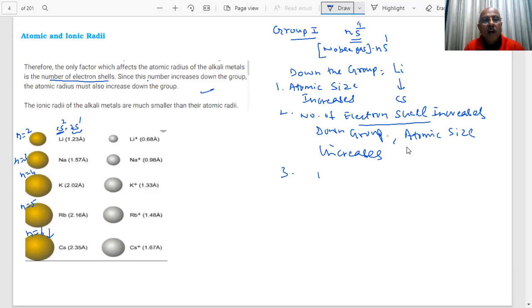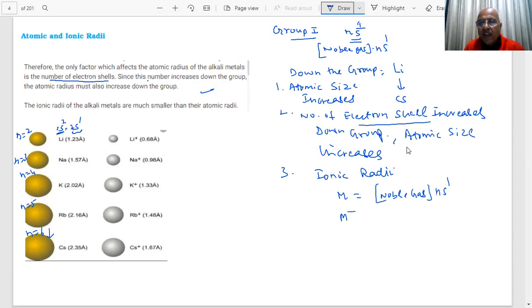What will happen to the ionic radii, students? What do you mean by ionic radii? They have one electron in the outer shell. If M is the metal, the electronic configuration is noble gas ns1.